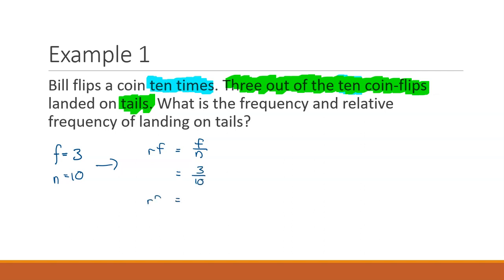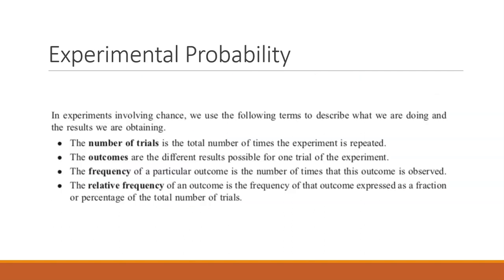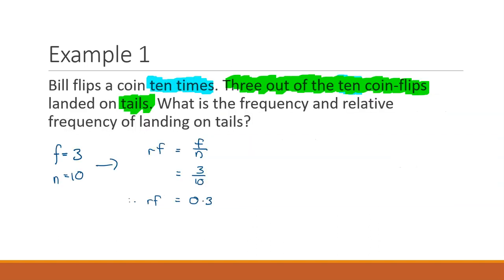Thus the relative frequency is equal to 0.3, or as we said here, we can express it as a fraction or as a percentage. So I reckon a percentage would be a good idea. 0.3 can be converted to 30%. So the relative frequency is 30% of the time the coin has landed on tails.